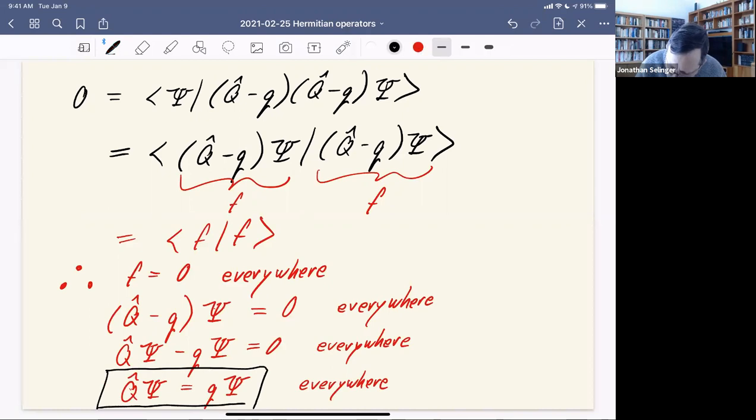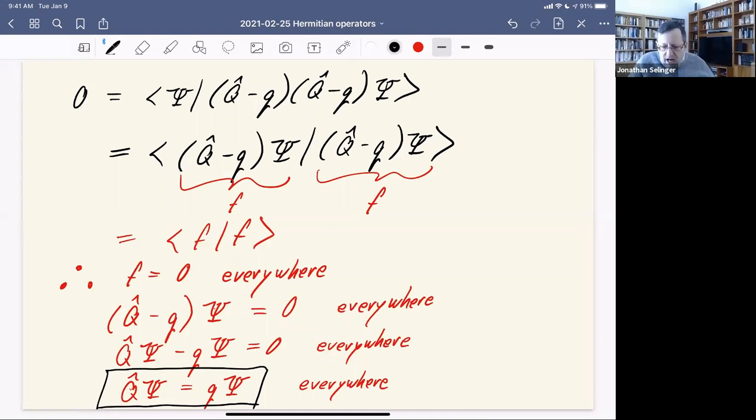Okay, so this tells us that if we want a situation with no uncertainty, a situation where there is a specific value of an operator, of an observable, and no uncertainty in what that observation is going to come out to be, then we need to have this relationship between the state psi and the operator.